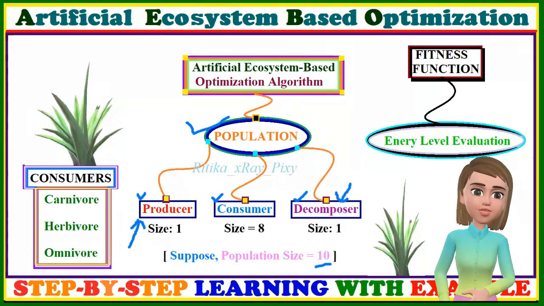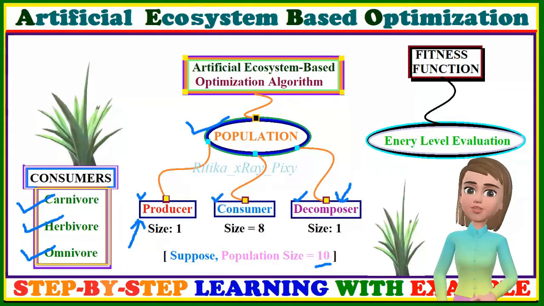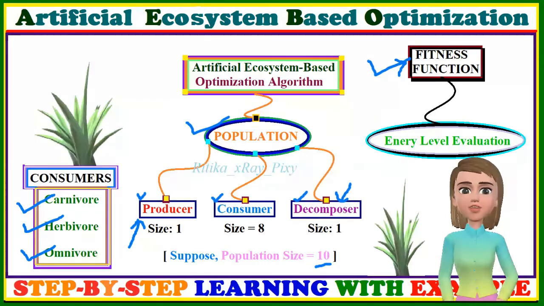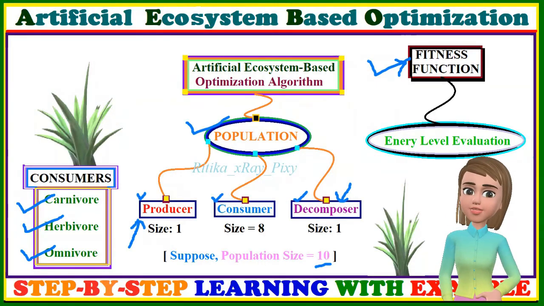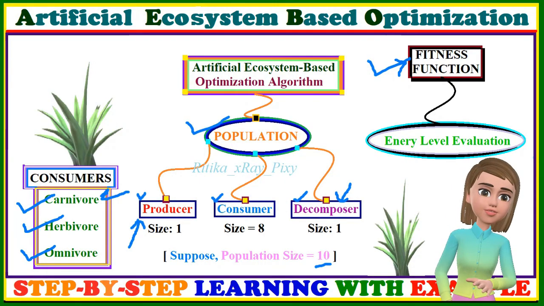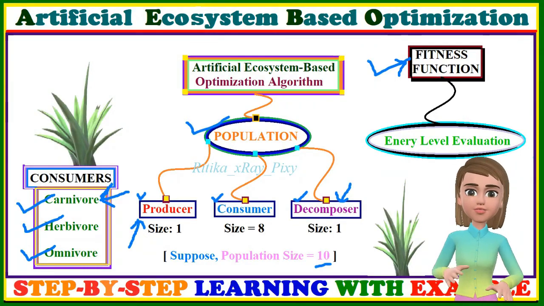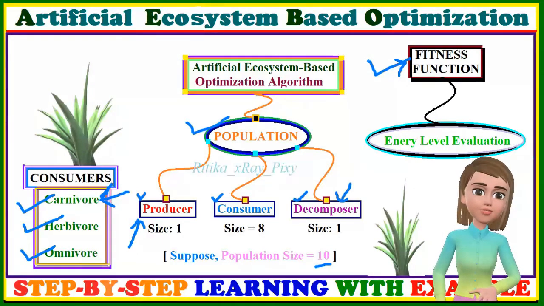You can see here we have different types of consumers: carnivores, herbivores, and omnivores. In this algorithm, we will use the fitness function to calculate the consumer's energy level. For minimization problems, we will consider larger values as the individuals having higher energy, and we will arrange all individuals in descending order.